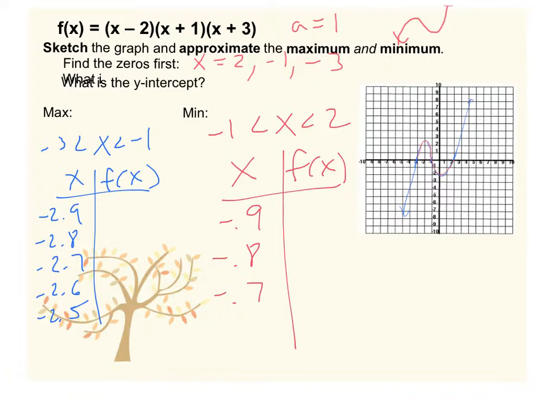Just make sure that you don't skip the maximum. Because what you're really trying to find is, when you're checking these consecutive x values, when does it start to turn? In the case of the minimum, at what x value, when I plug it in, do I start to see that it changes direction and the graph starts to increase again?